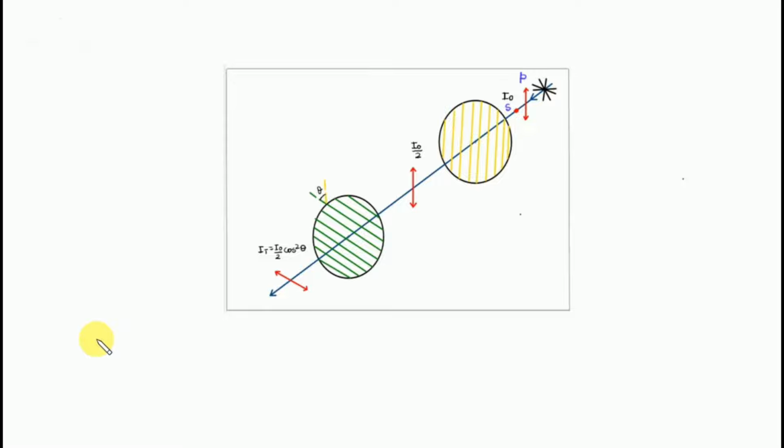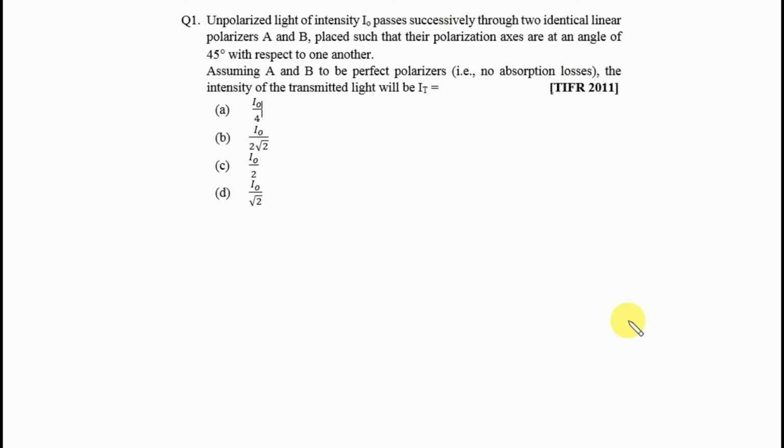Let us now test our understanding by solving some numericals. The first question: an unpolarized light of intensity I0 passes successively through two identical linear polarizers A and B, placed such that their polarization axes are at an angle of 45 degrees with respect to one another.